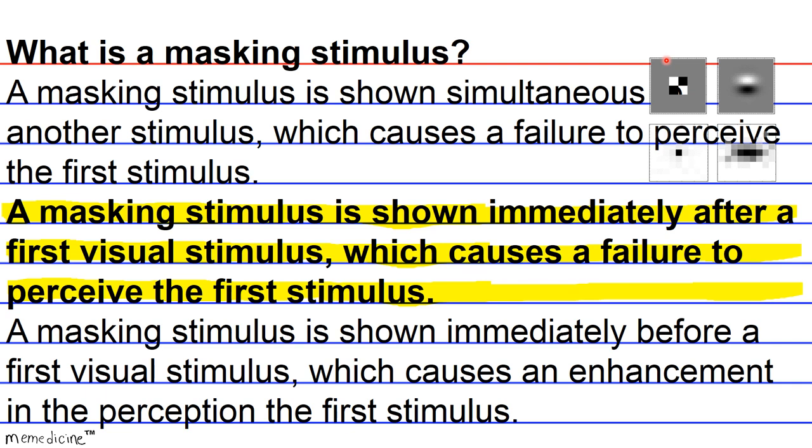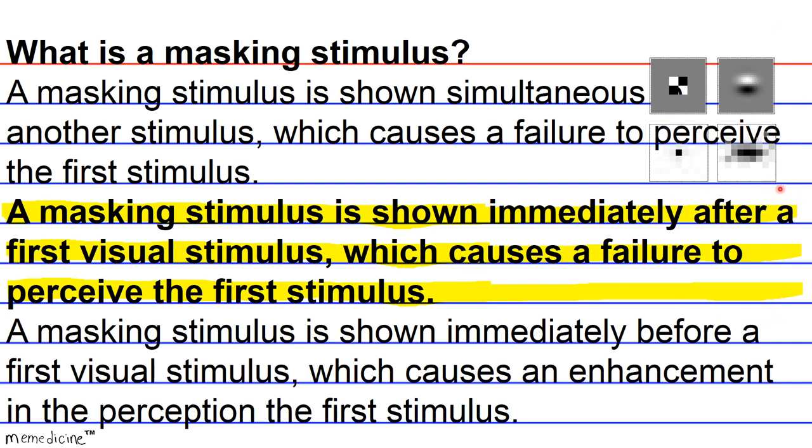So let's say this is the first visual stimulus in this trial and this for that, okay? Let's say this is what you want the person to see, but you show this right after, and this is what they come up with. Or let's say the bottom left square is what you want the person to see, but you show this top one right after, and this is what they come up with in their mind's eye.